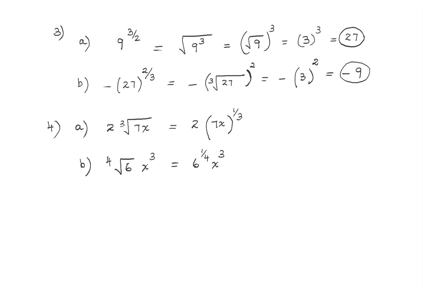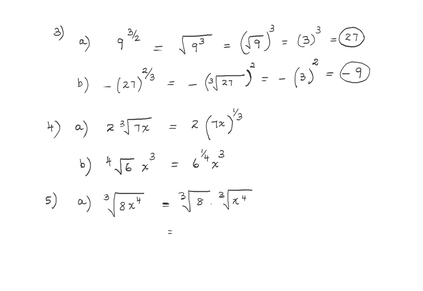And then next we are going to learn how to simplify the expression. Assume that all the variables are non-negative real numbers. So number 5, I have a, cube root of 8x to the power 4. So I can split this as cube root of 8 times cube root of x to the 4.